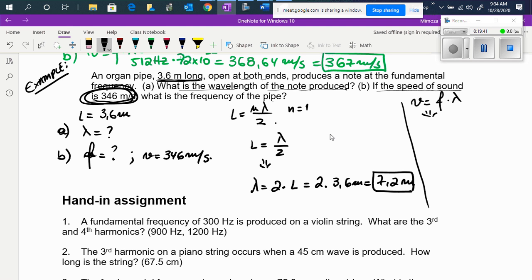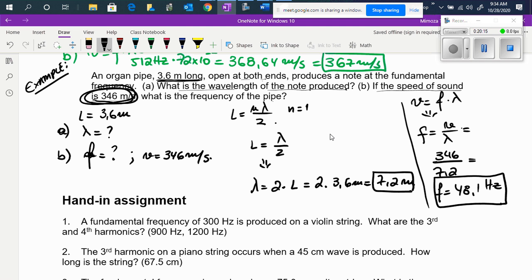We can find the frequency as V over lambda, and this will be 346 meters per second over 7.2 meters, and the result will be in hertz. 346 divided by 7.2 gives a frequency of 48.1 hertz.